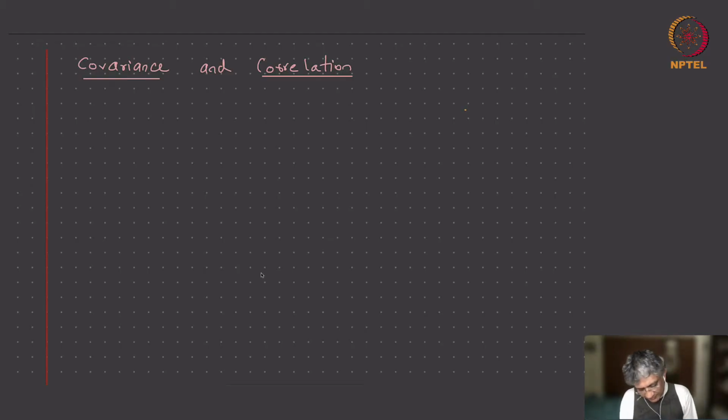So in this class, we will do two concepts of multivariable random variables. One is called correlation and covariance.